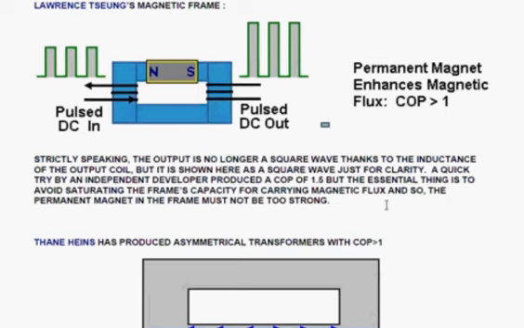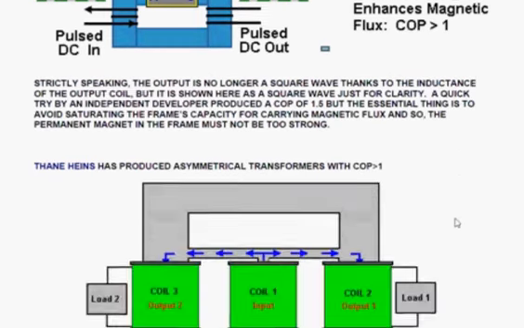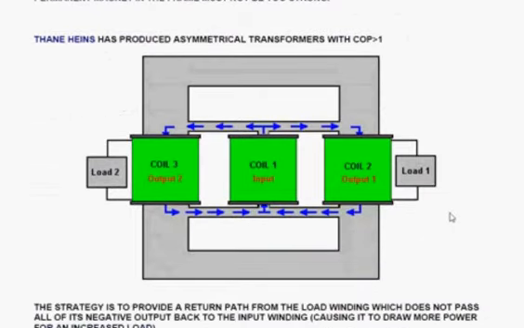That is, there's 50% more power coming out than was being pushed into the actual frame. But the problem is, if your magnet's too strong, you will get nothing out. But that sort of design can be very effective.